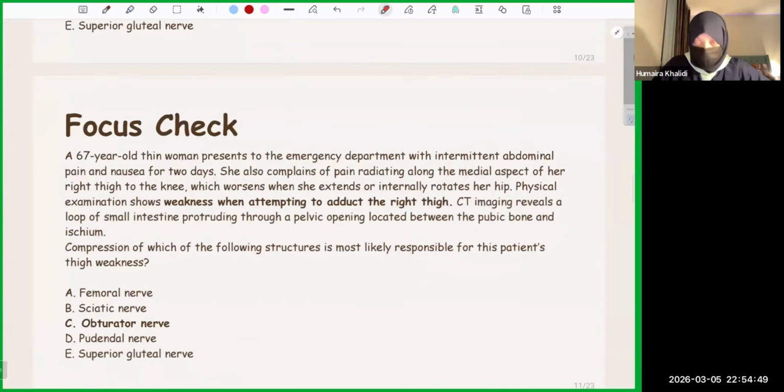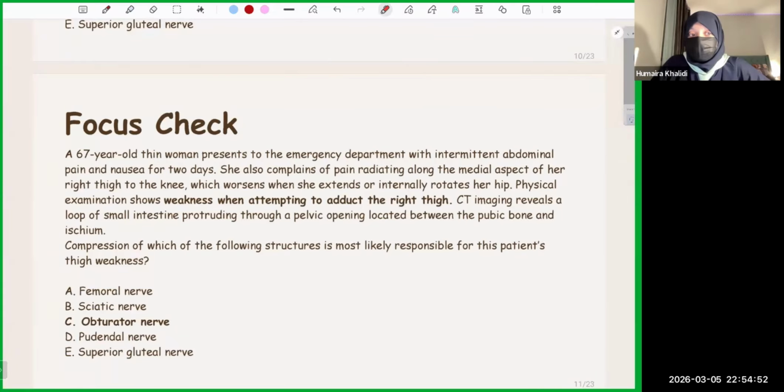The answer is C. And yes, the answer is not A. The reason it's not A is because of the femoral nerve. Remember where the femoral nerve passes through? Is it through the obturator canal? No. The femoral nerve, artery, and vein pass below the inguinal ligament.